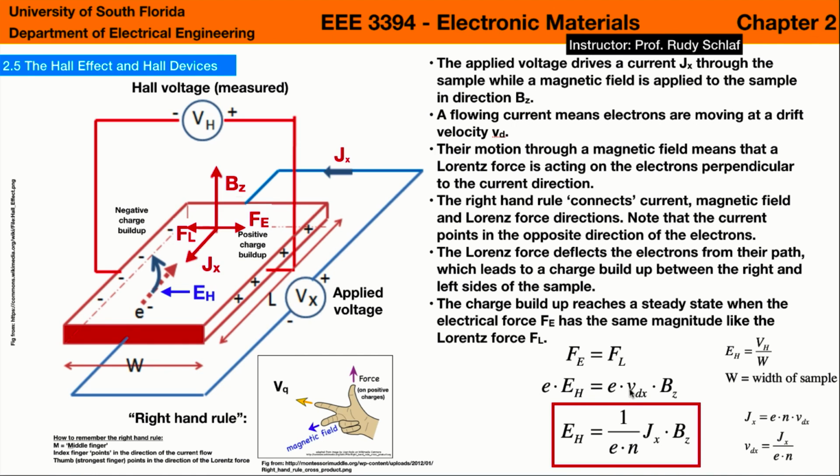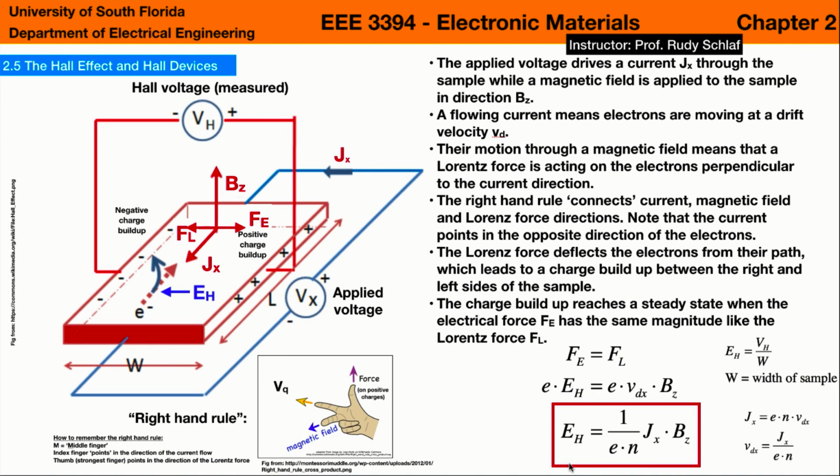And if we express the drift velocity as current density divided by electron charge times electron density, then we can write that the electrical Hall field is just 1 divided by the electron charge times the electron density, times the current density times the magnetic field.